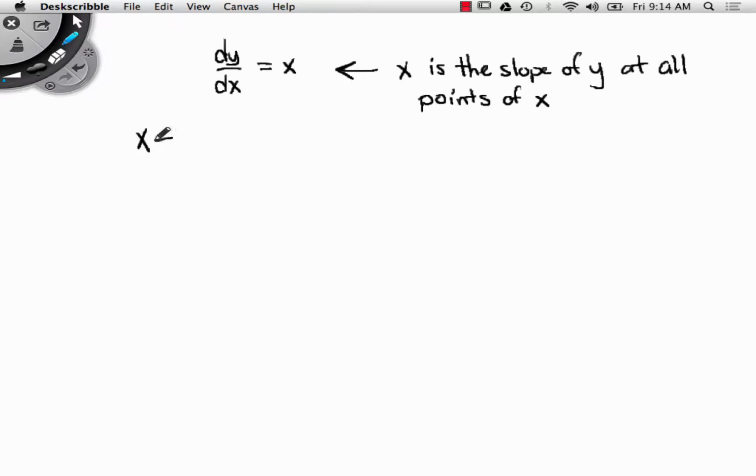So what if x is equal to 1? Then what is the slope y prime? 1. That's exactly right. So I draw a y-axis, and I draw an x-axis.